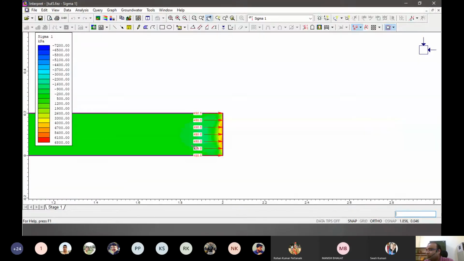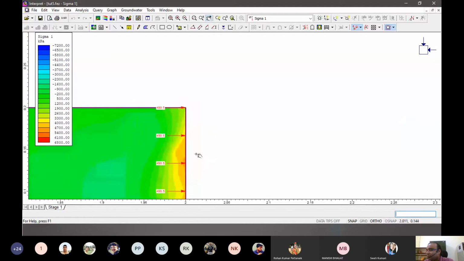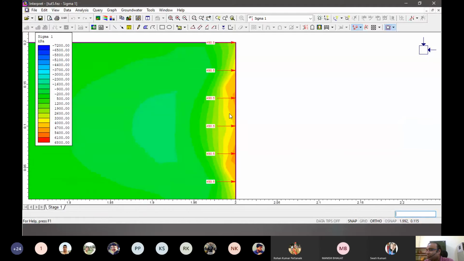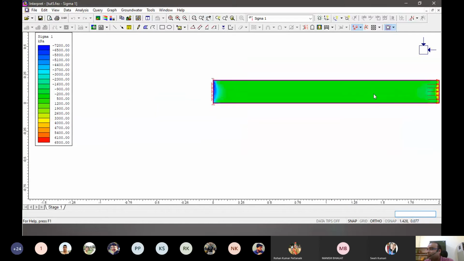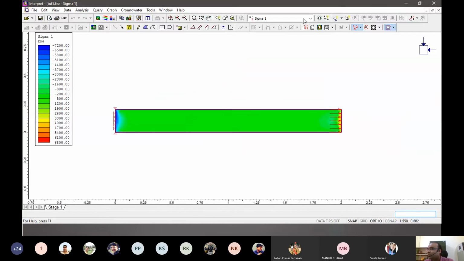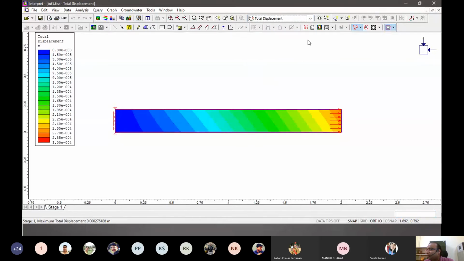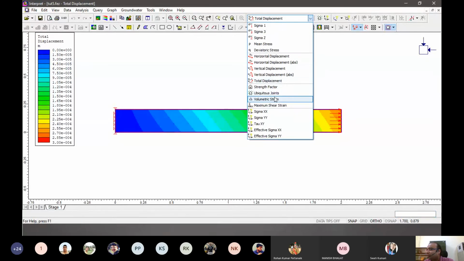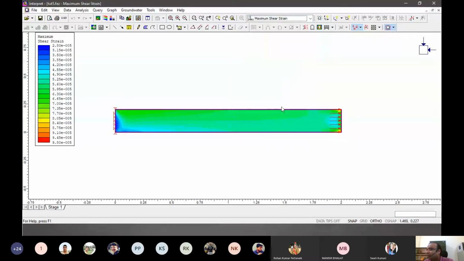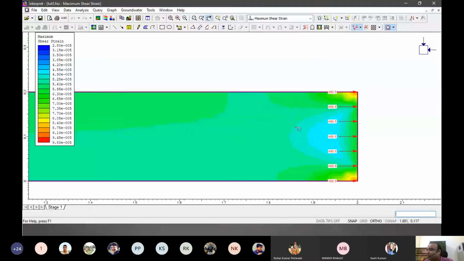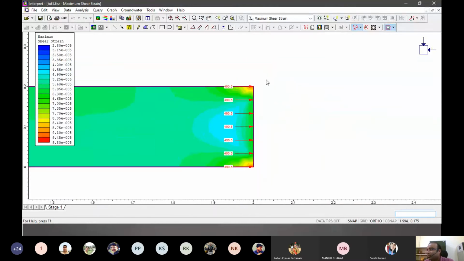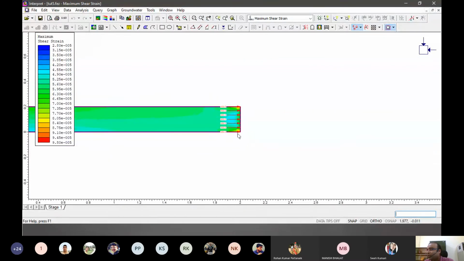Now even the stresses you can see are more focused on these areas as compared to last time. In terms of total displacement, it's almost the same. In terms of maximum stress, there will be some changes. Again, the principle is the same because we are doing it on pointed nodes.